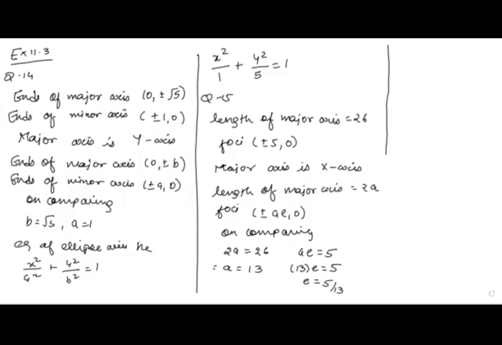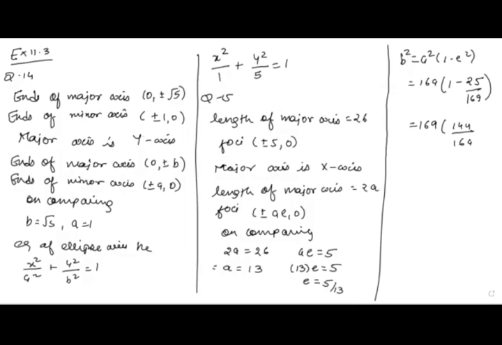And as the major axis is x-axis, I can apply b square is equal to a square 1 minus e square, keeping the value of a square as 169, 1 minus 25 upon 169. The value of b square will be 144.